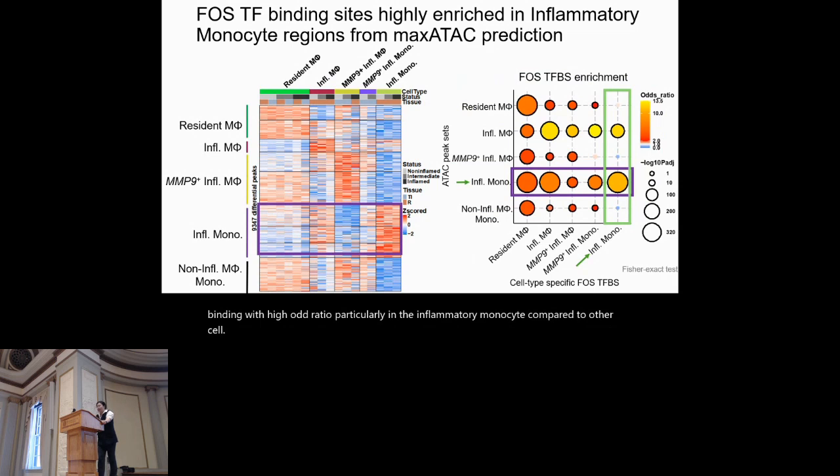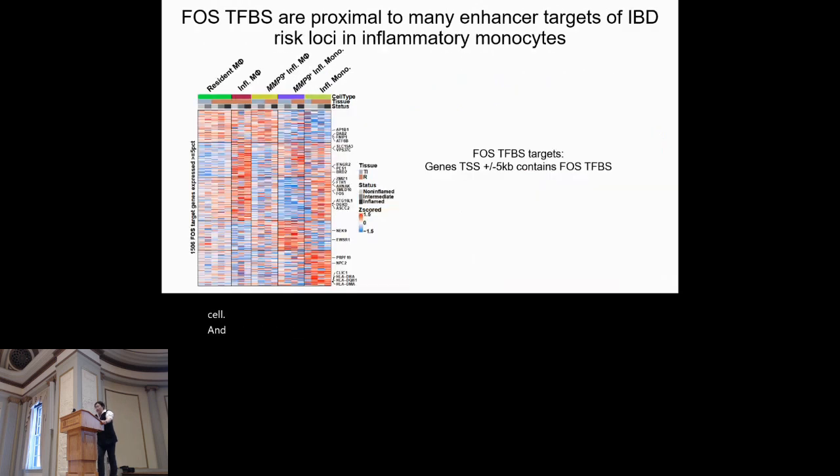And then when we look at the FOS binding site proximal genes, there are actually many enhancer targets of other IBD risk loci that are shown here.